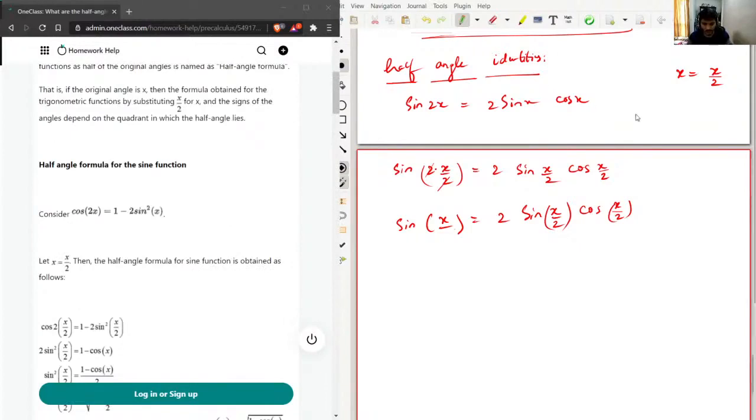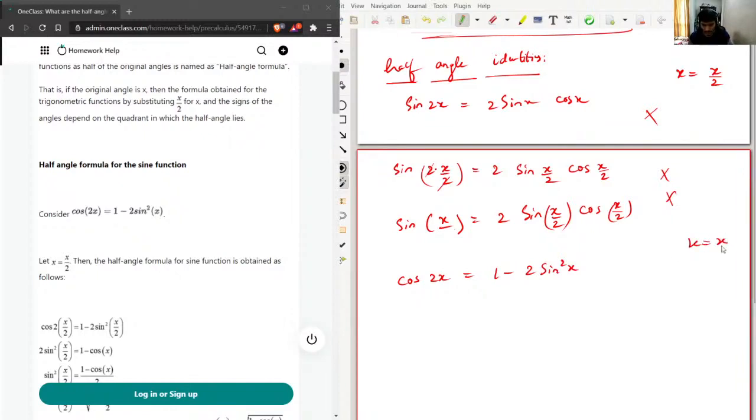I will not be using this one, although we can definitely calculate, but here we have sine and cosine both. We'll use cosine 2x equal to 1 minus 2 sine square x. Here we have only sine and one cosine, so this will be easier.